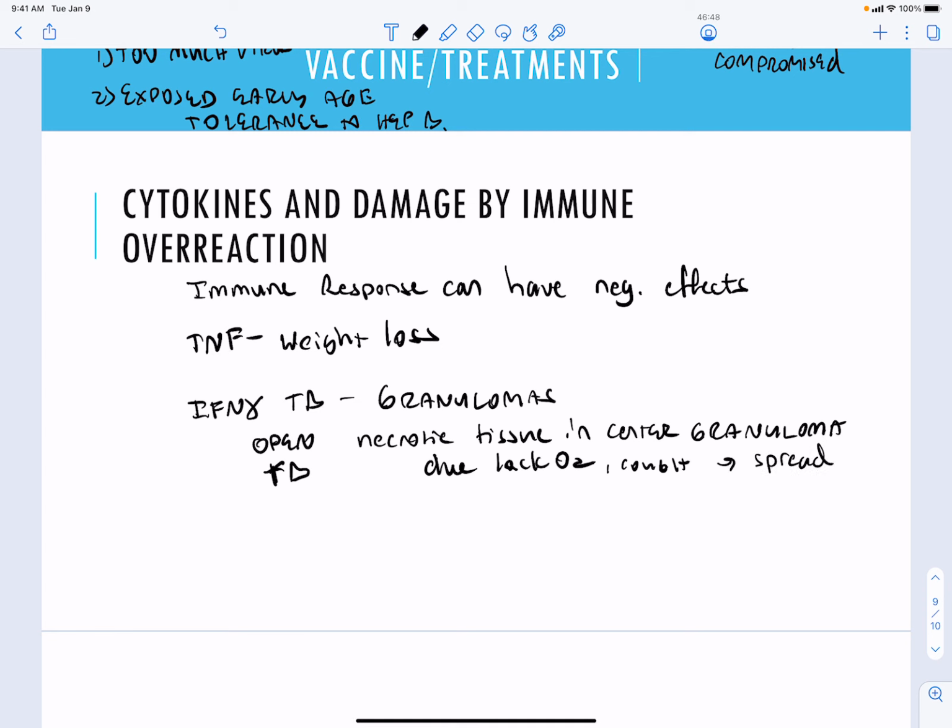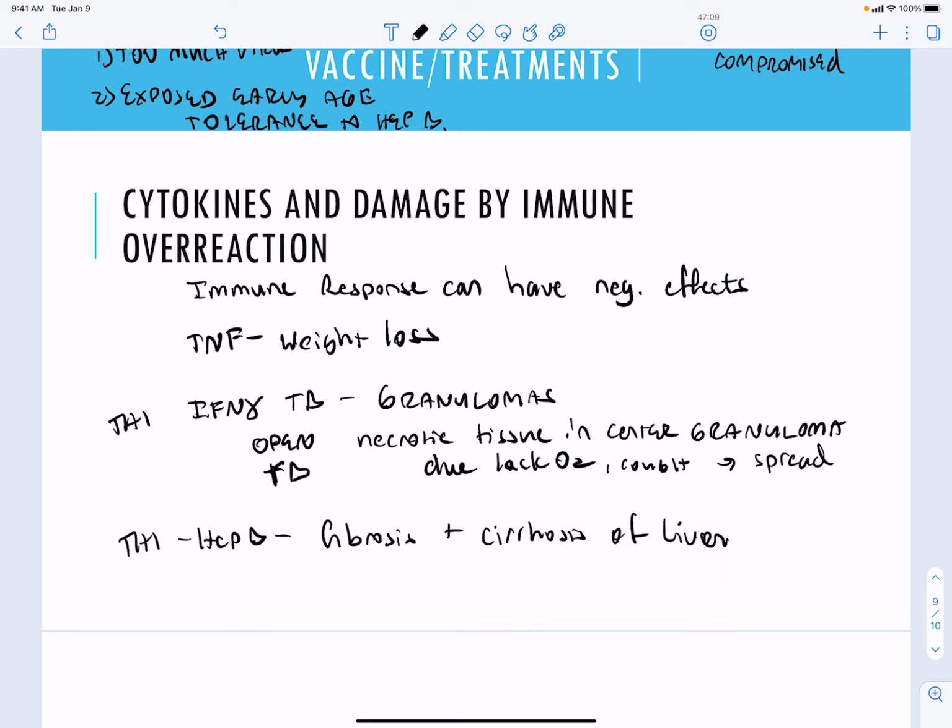We also have, with respect to Th1 cytokines, so this is Th1 with Hep B, you're going to have fibrosis plus cirrhosis of the liver.